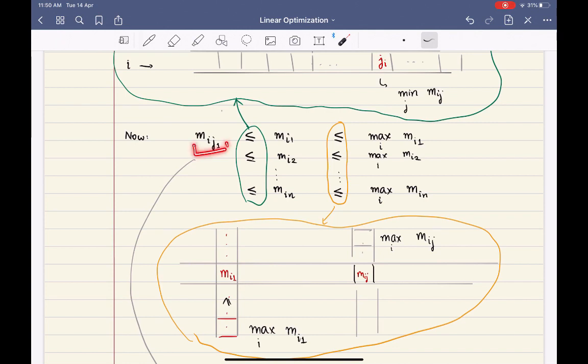Hence, mij1 is smaller than the least among these numbers, which implies mij1 is smaller than min over all j of max over all i of mij.